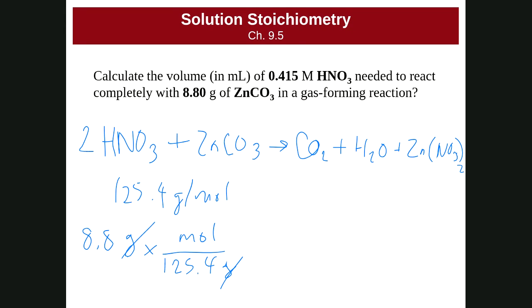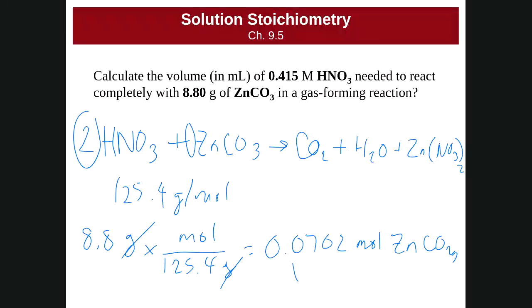That gives us 0.0702 moles of zinc carbonate. Should be 3, sorry. And for every 1 mole of zinc carbonate, we have 2 moles of nitric acid, thanks to our balanced reaction. So I'm going to multiply this by 2 and see that we have 0.140 moles of nitric acid.